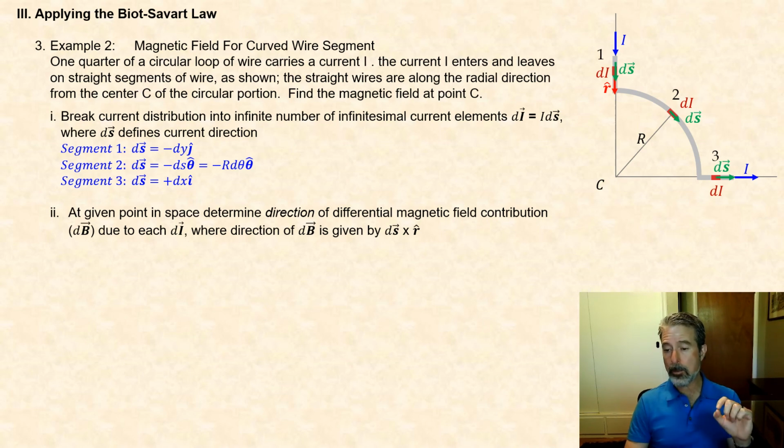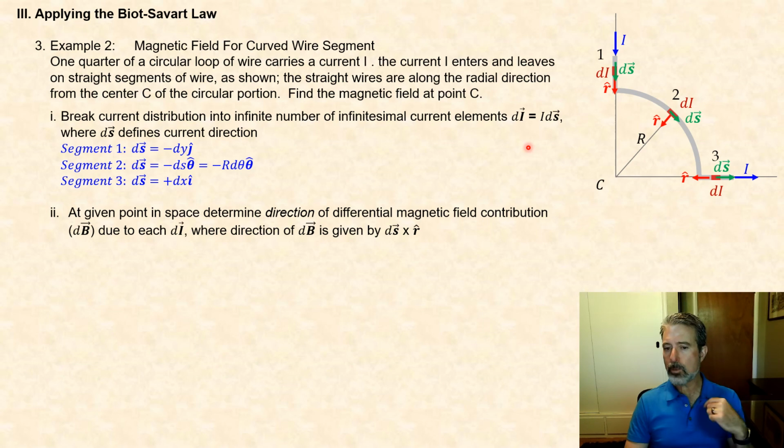For segment 1, remember r hat is that unit vector that goes from the current element to the field point. So for segment 1, it will look like what I'm describing here. It will be in the negative y direction. For segment 2, it's going to be in the radial direction, but pointing towards the center of the circle. And for segment 3, that unit vector will be in the negative x direction.